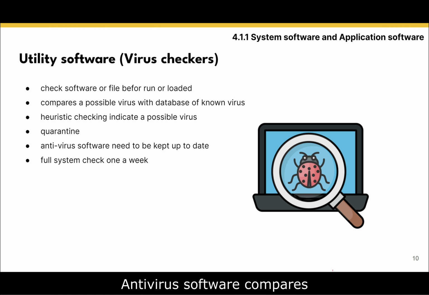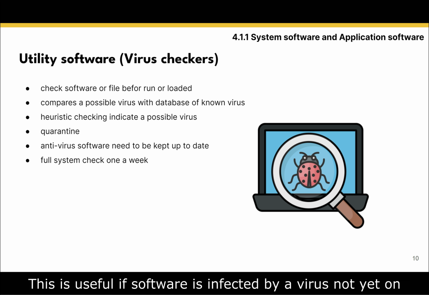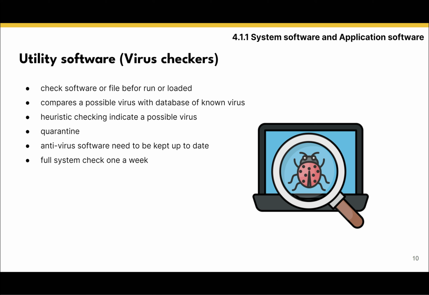Antivirus software compares a possible virus against a database of known viruses. They carry out heuristic checking. This is the checking of software for types of behavior that could indicate a possible virus. This is useful if software is infected by a virus not yet on a database.